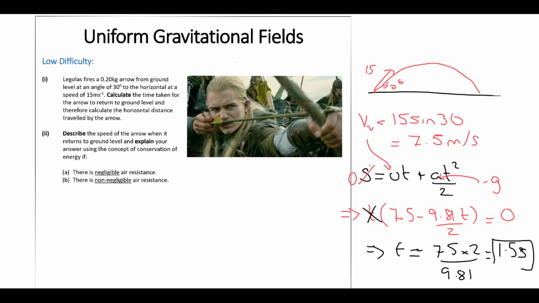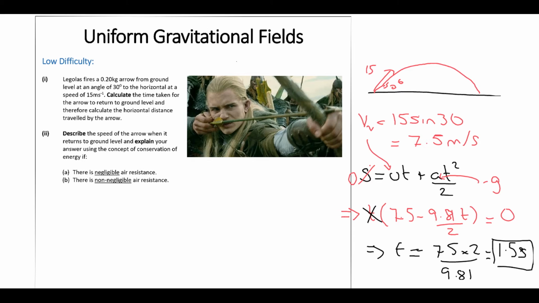You can do this using V equals U plus AT and working out the time to reach the peak, when the vertical velocity would be 0, and then double that and you should get the same time, but I think this is the easiest way to go about doing it.